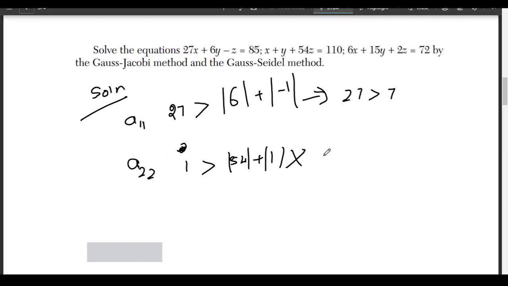For A33 also, if we check here, A33 is 2, and it does not satisfy either. So we have to interchange the equations and write the matrix.